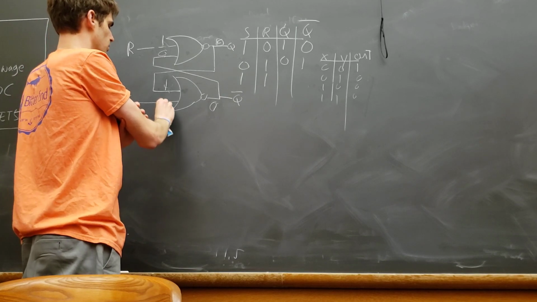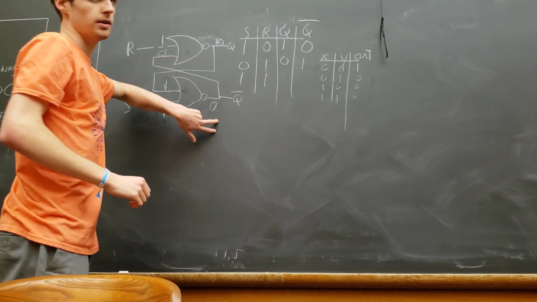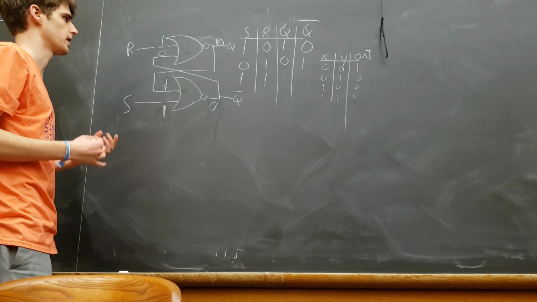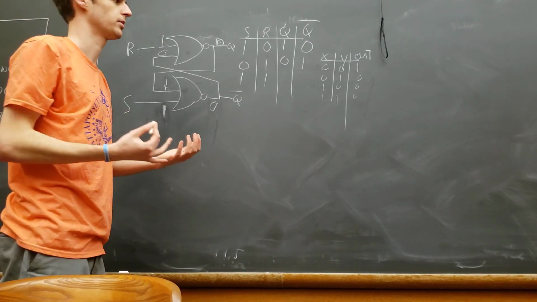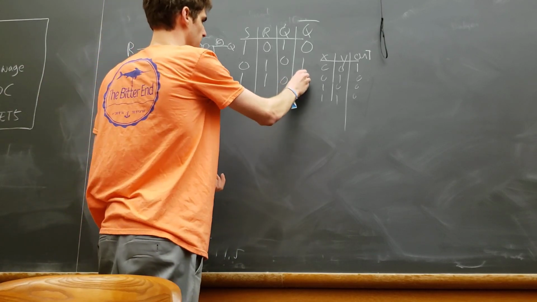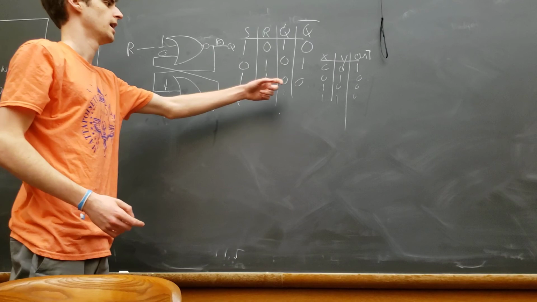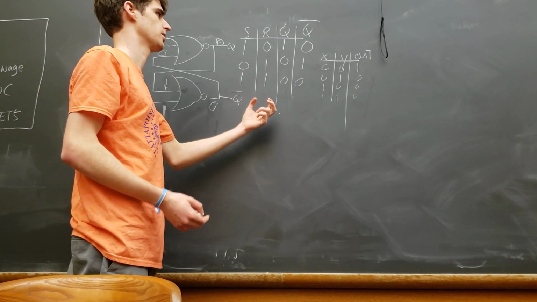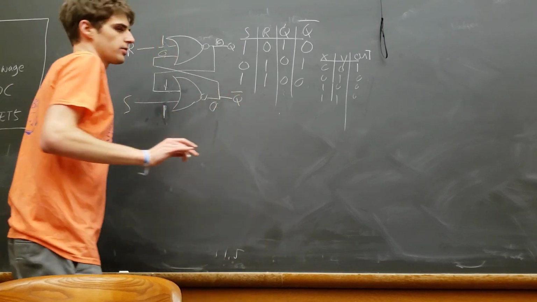So Q and Q naught are both going to be 0, which is kind of weird and not ideal, because Q is not supposed to equal Q naught. They're supposed to be opposites. We'll come back to how to fix this a little later. Generally, you're not going to want to feed 1 and 1 into here.